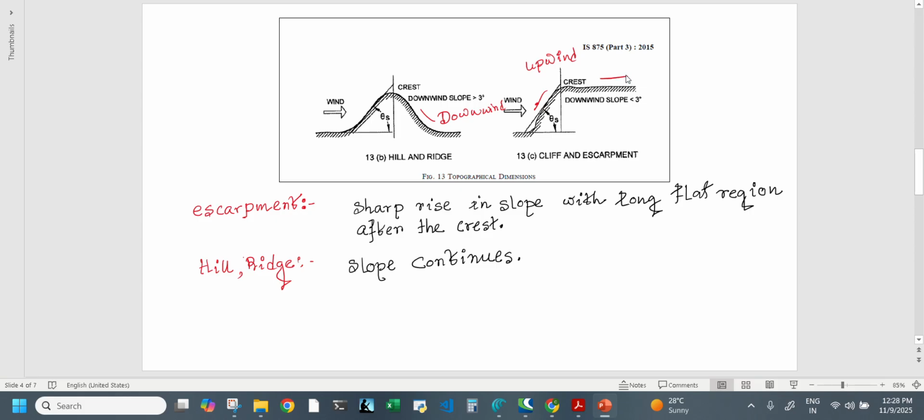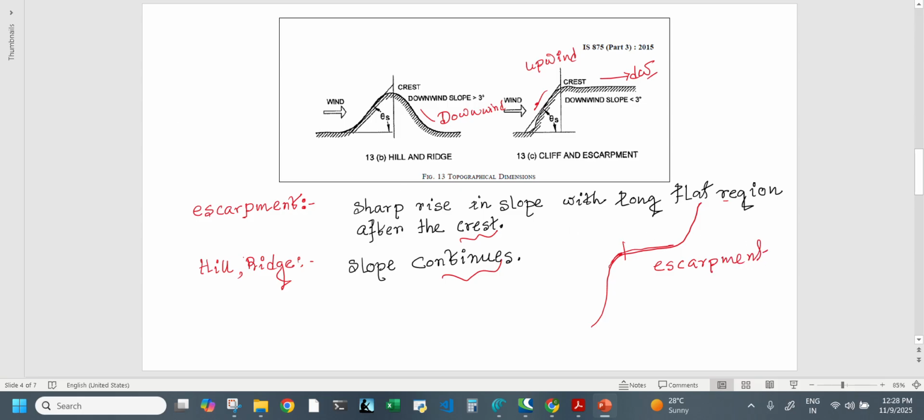We can say this also downwind face. Slope continues. Escarpment means there is the hill and a flat region after that, a sharp rise in the slope with a long flat region after the crest. Suppose this is the crest, after that a long flat region, this is called escarpment.